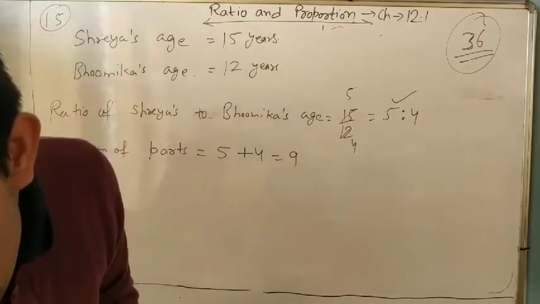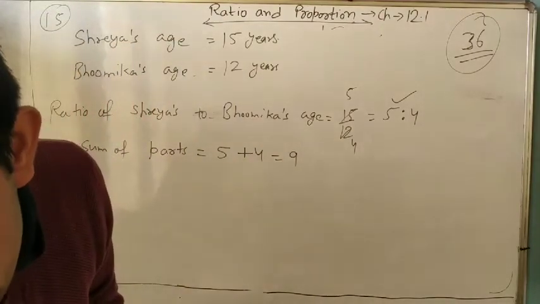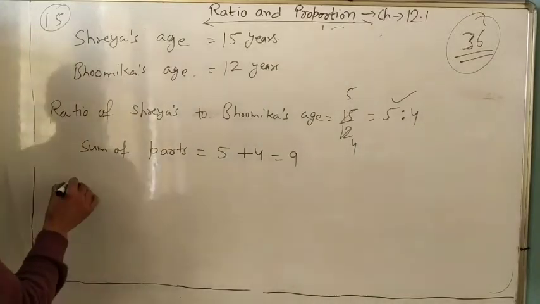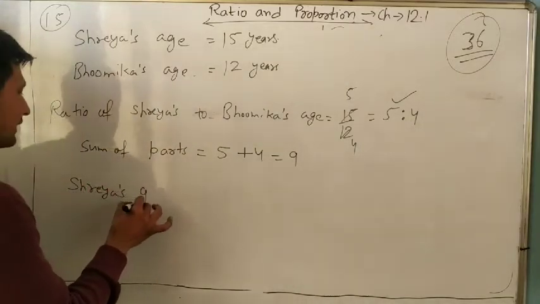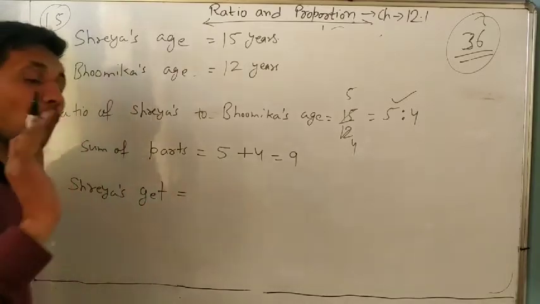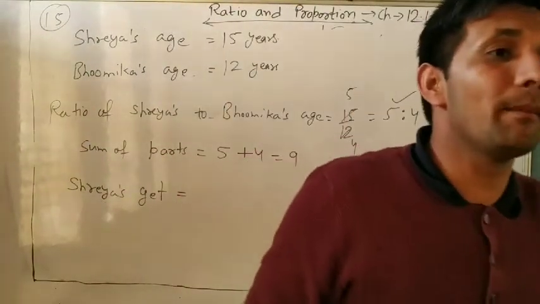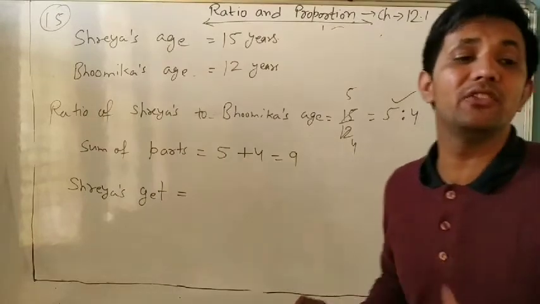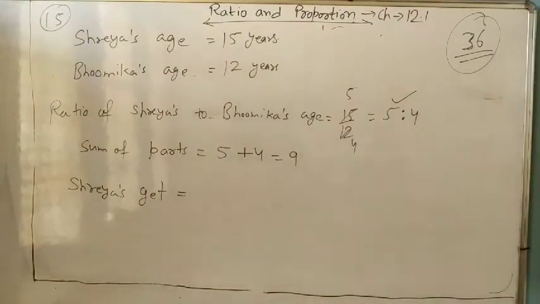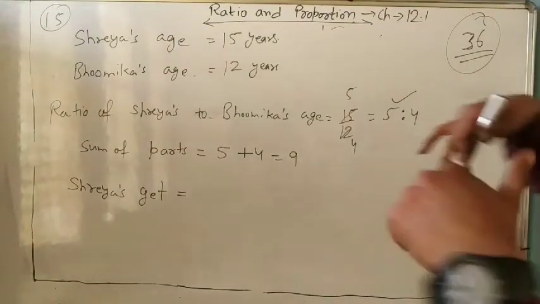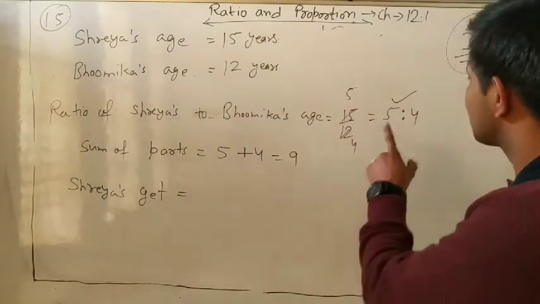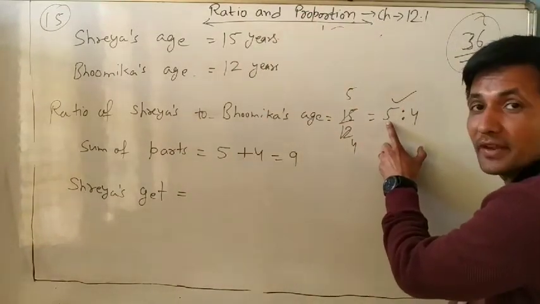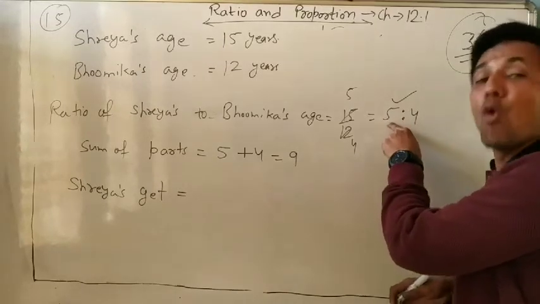Now we have to find how much Shreya gets. In the question it is already given that her mother wants to divide the rupees in the ratio of their ages. If the ratio of age is greater, she will get more rupees.